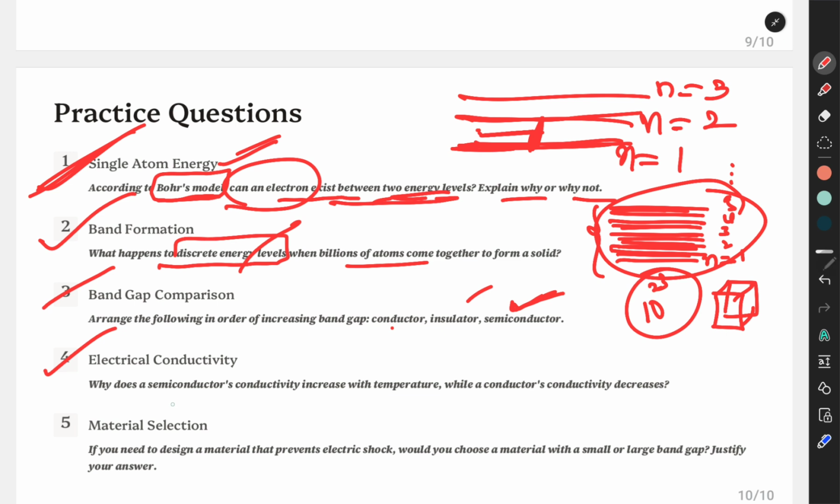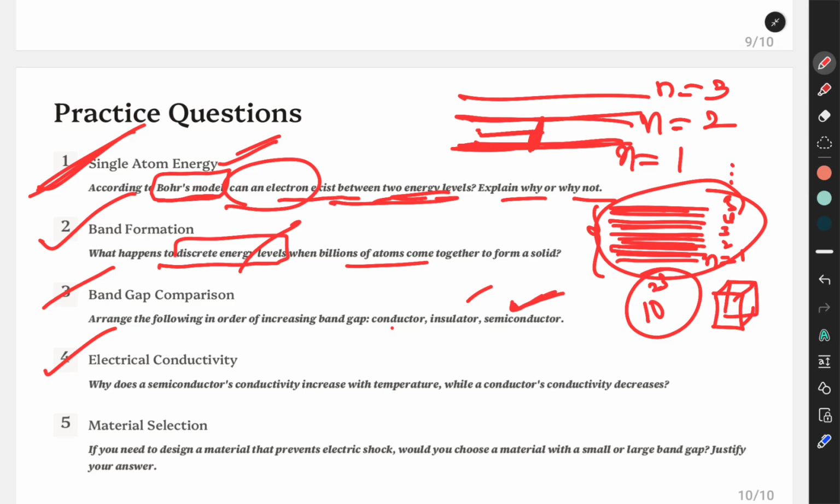You understand the question, no? When we increase the temperature of the semiconductor, the conductivity will increase because the electrons will jump from the valence band to the conduction band with the increase in temperature, and the semiconductor will conduct properly. But when we increase the temperature of a conductor, the conductivity will decrease.